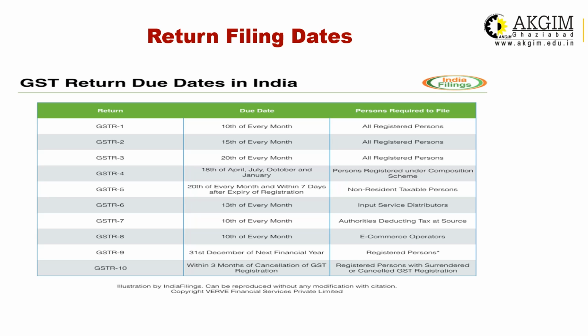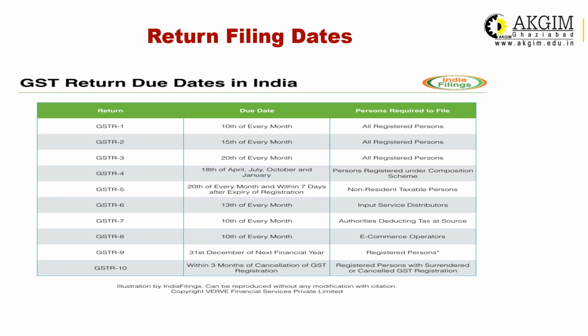GSTR4, GST return 4, is applicable to the registered taxpayers under the composition scheme. That means a person who has opted for the composition scheme and is required to file returns quarterly. In that situation, the type of return will be GSTR4 and the due date will be the 18th of April, July, October and January.